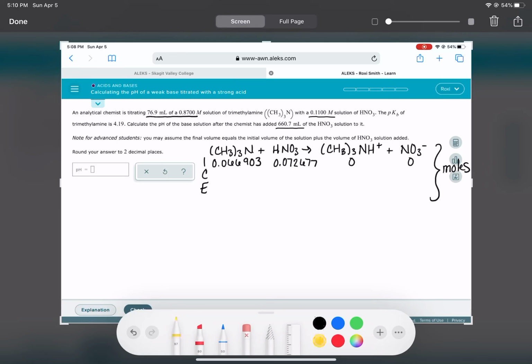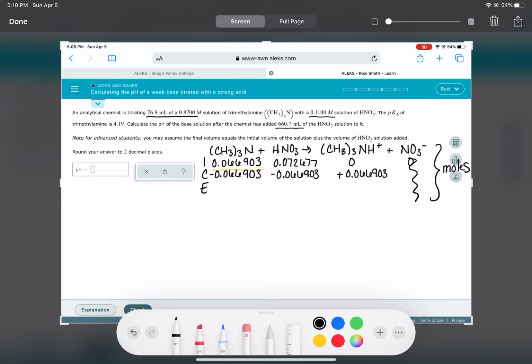We need to look at the quantities of both of our reactants and figure out which one we have the smallest amount of. We have the smallest amount of our base, CH3N. So that is going to be the one that goes all the way down to 0. 0.066903 minus x, plus x. And this guy out here, we actually don't care about him at all.